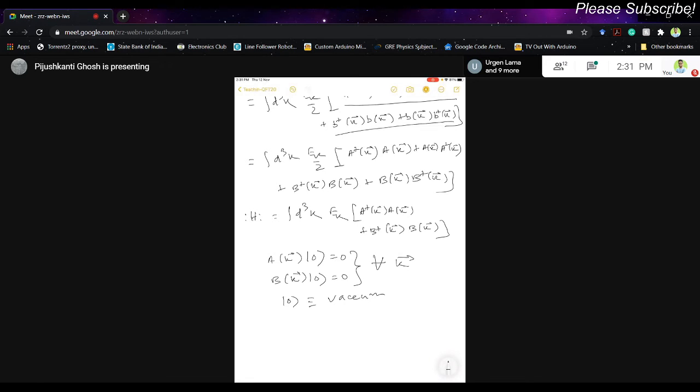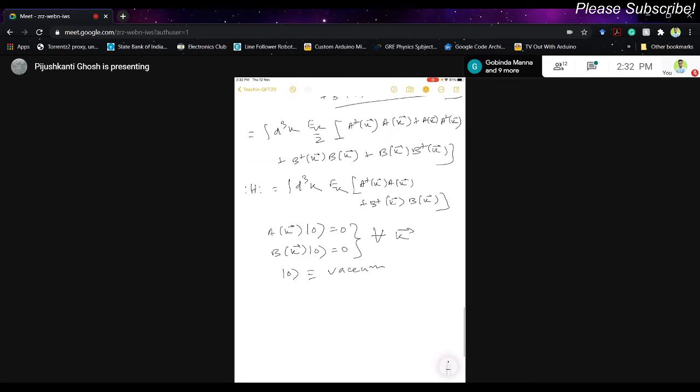But vacuum means, as I said, no particle. If there is no particle, then there is no energy or momentum or other physical quantities like charge. So both conditions, this is the important part, should be satisfied simultaneously.